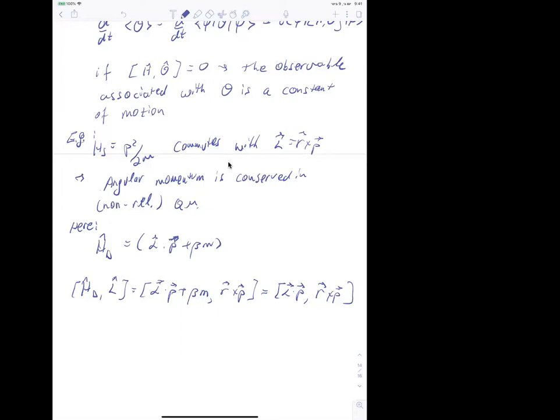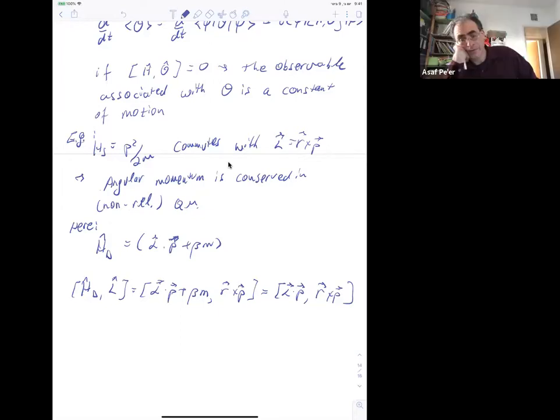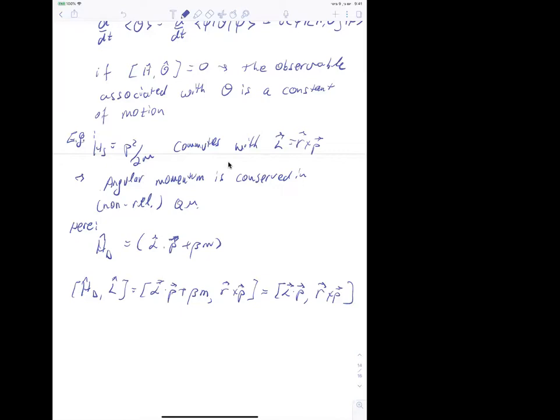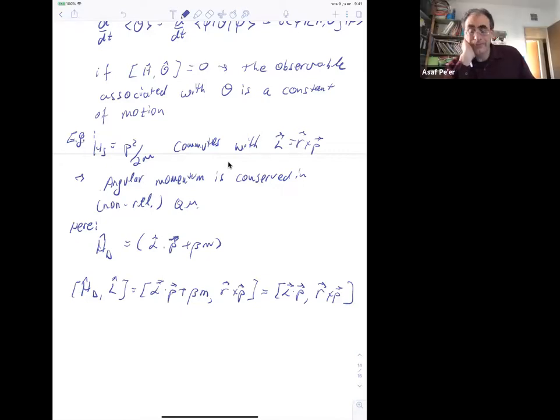The mass term, of course, will commute. But the spin, there's no spin here. I didn't say anything about spin. There is orbital angular momentum, R cross P.